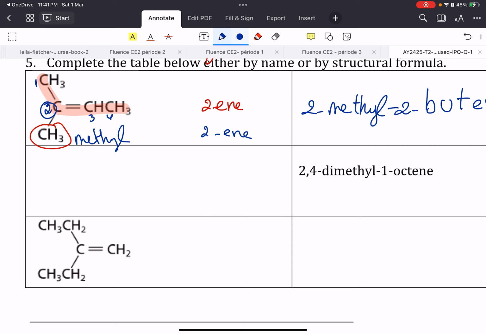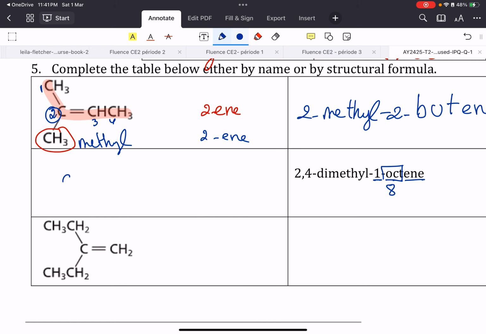Next, to draw 2,4-dimethyl-1-octene. First I'll start drawing oct, which is 8 carbons: 1, 2, 3, 4, 5, 6, 7, 8. On these 8 carbons, I have a double bond on the first carbon.